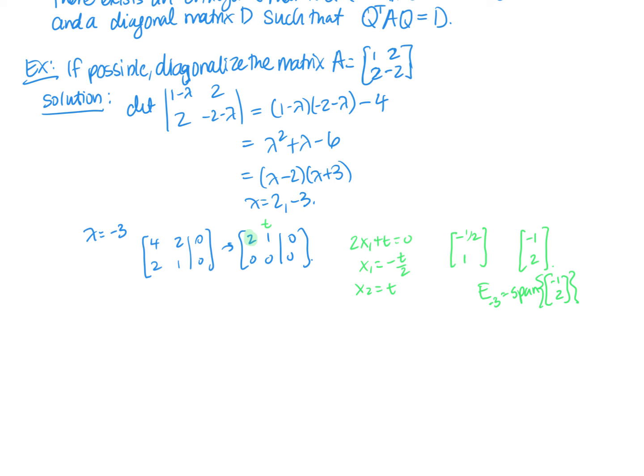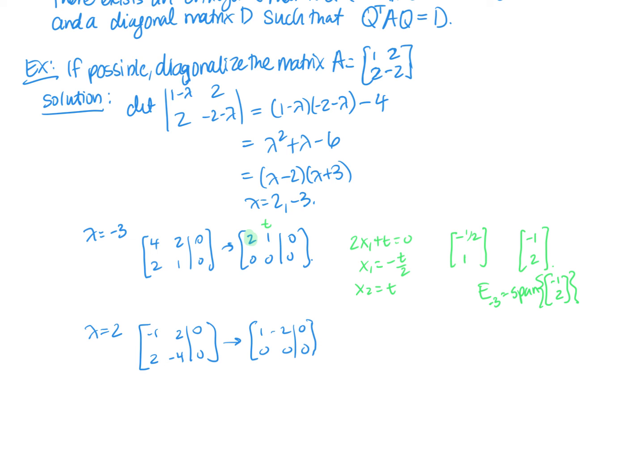If lambda equals 2, what do I get? 1 minus 2 is -1, 2, 2, and 2 minus 2... that's -4. So that row reduces down to 1, minus 2, 0, 0, 0, 0.